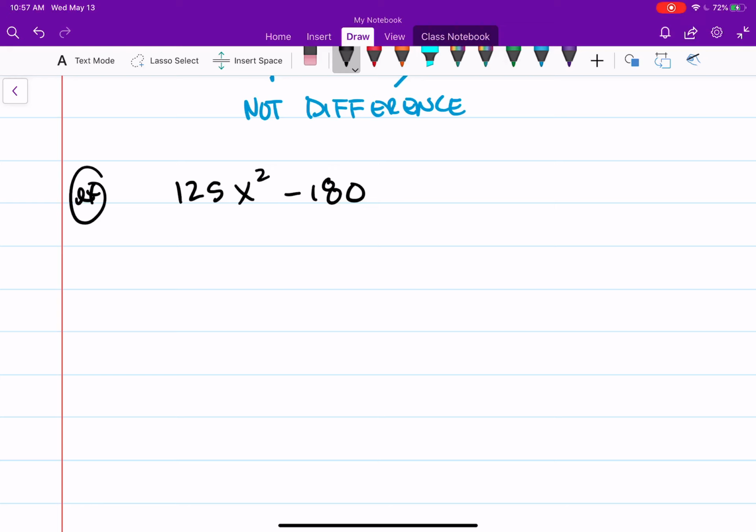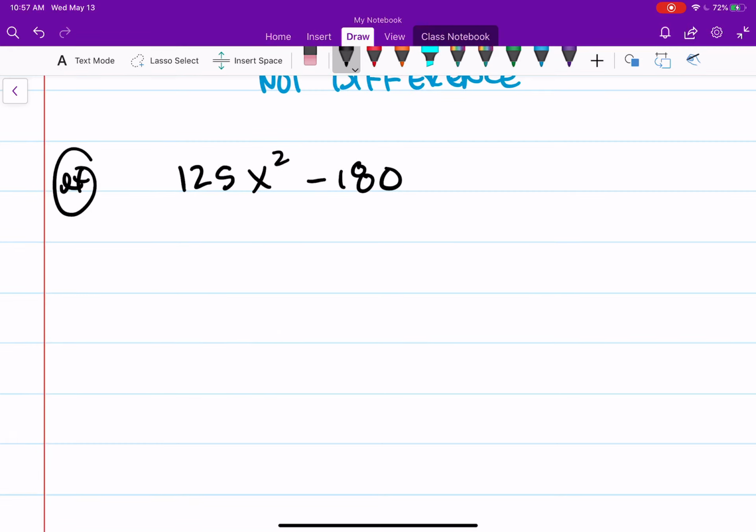So what can go into 125 and 180? All right. So let's break it down. 125 breaks down to 5 times 5 times 5.